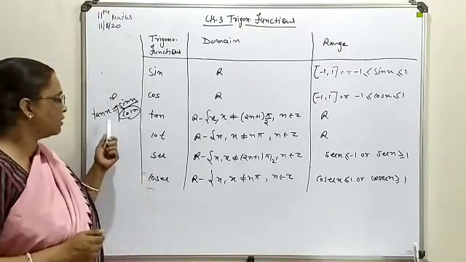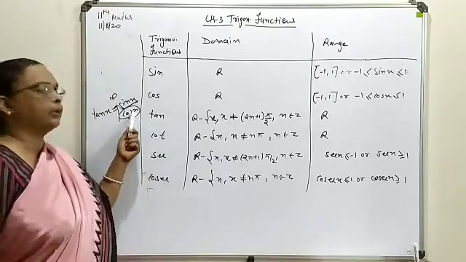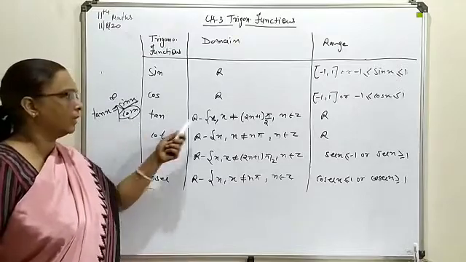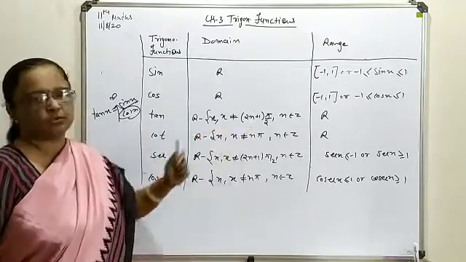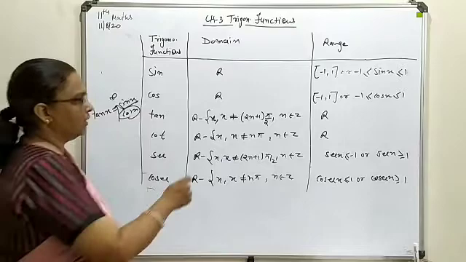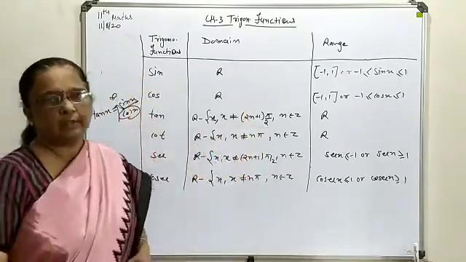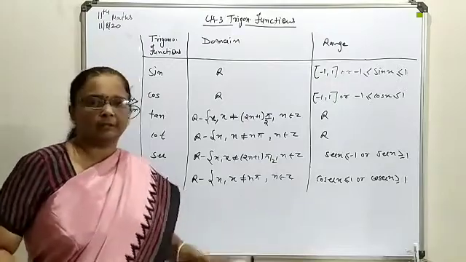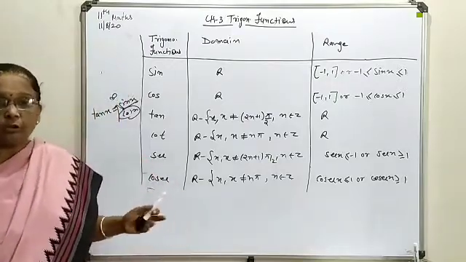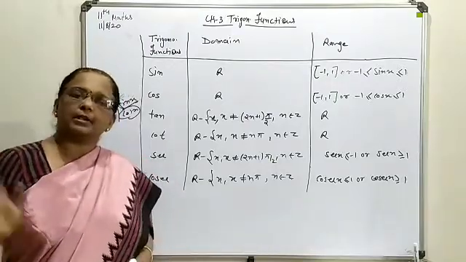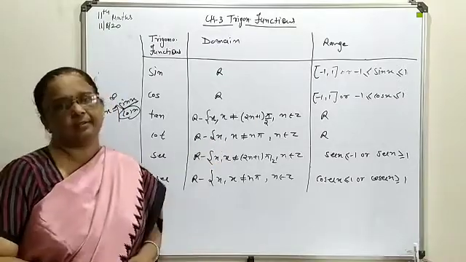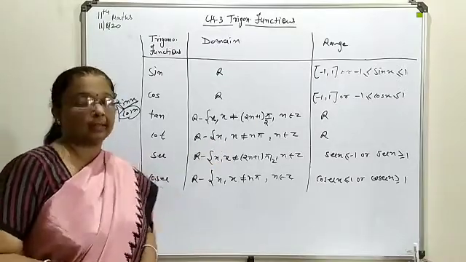So for the existence of tangent, you have to cut all the values of x in R for which cos tends to 0. This is how it is to be selected, and your answer will come out in R, because in tangent we do not have any bounded solution. It can be extended up to infinity, that's why its range will come out as R.